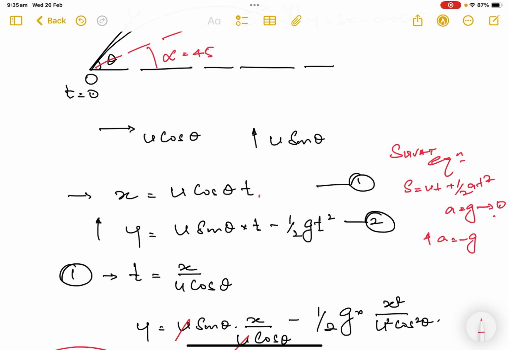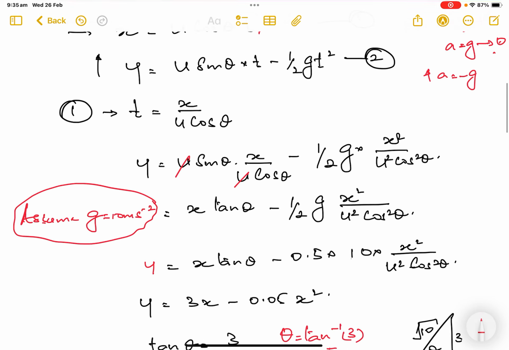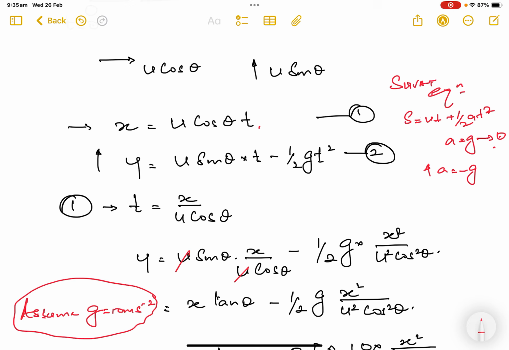For the vertical distance y, we put a point P on the trajectory with coordinates x, y, the horizontal distance and vertical displacement. So y equals u sine theta t minus half g t squared.